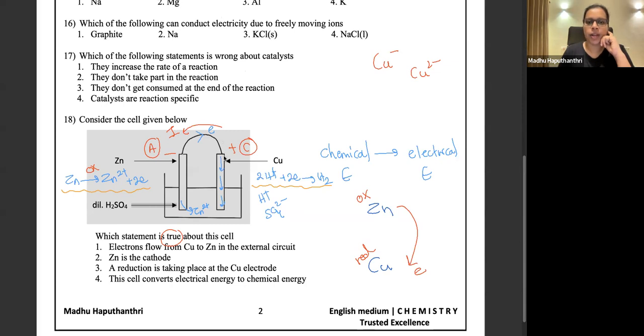If that is what you are asking, no. Here it is going from zinc to copper because zinc is undergoing oxidation. Zinc is the one releasing electrons. If it is switched, then the electrons flow the other way. It's not always the same.